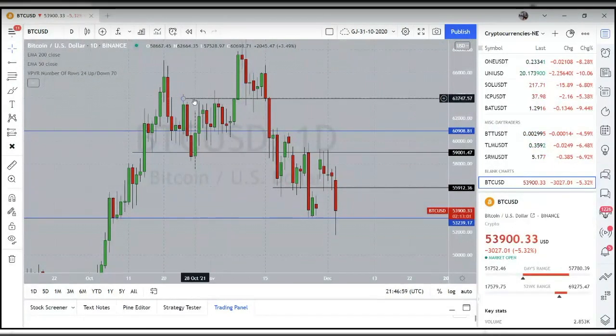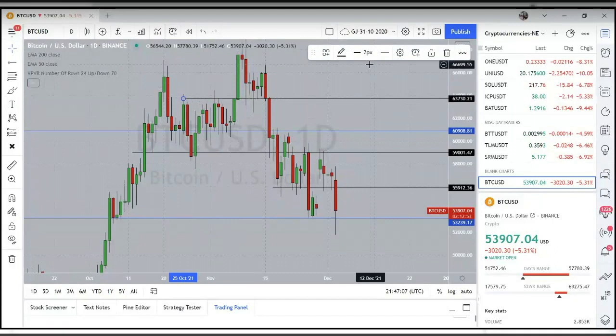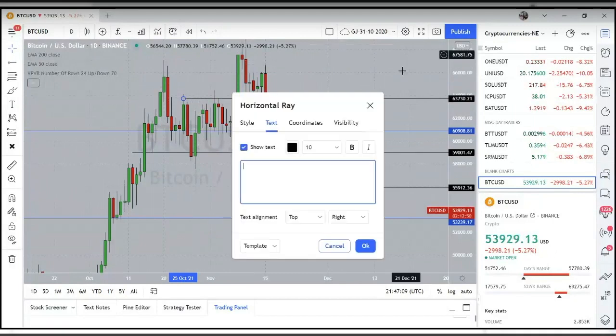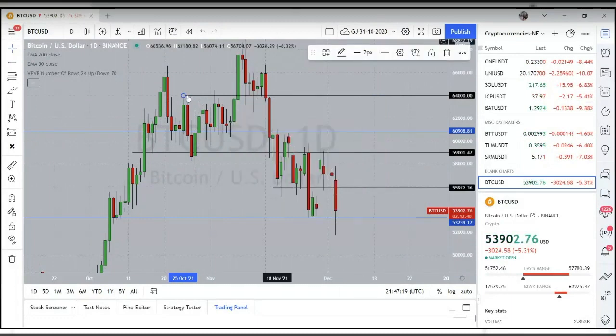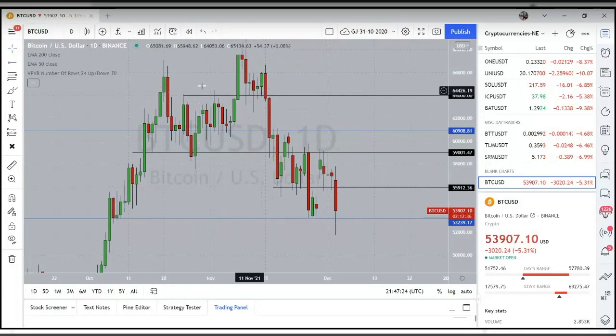What I do to make this idea a bit more significant to me is I'll go ahead and, instead of making this 63.7K, I'll just make it 64. You can see that the market is still representing that level.